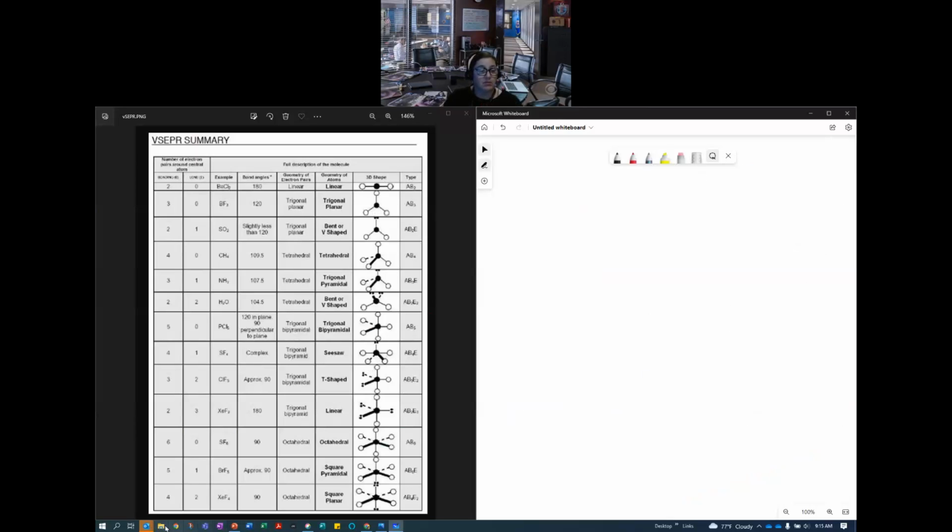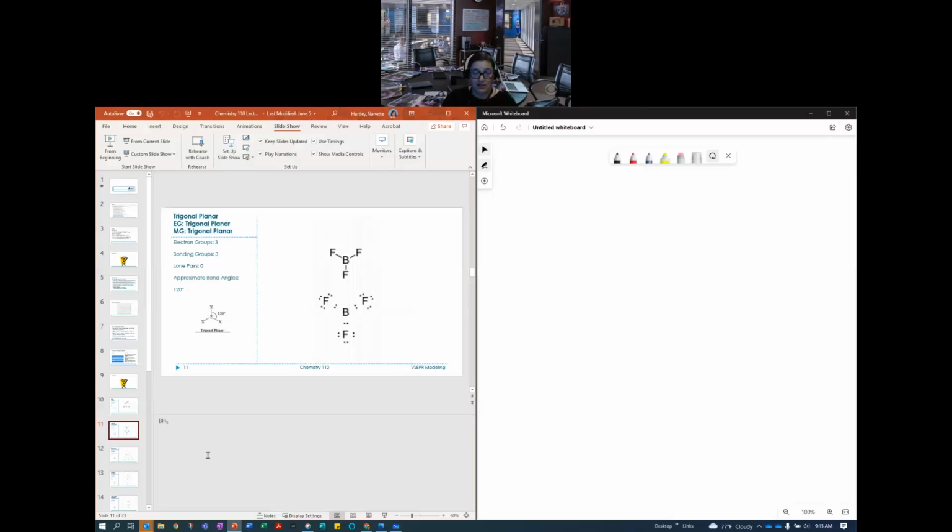So let me pull my slides back up and go to our next example. This is called bent. What we're looking at is O3 minus, which is one of the things that we drew the last time we talked about this. Remember that oxygen has 6 valence electrons, and there are 3 of them, which gives me a total of 18.